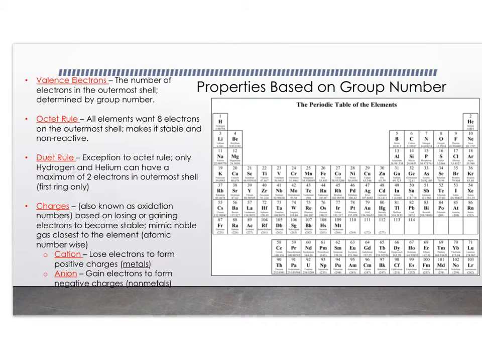So if you were to go back to groups 1A, 2A, 3A, 4, 5, 6, 7, 8, those group numbers for your A representative elements only tell you the number of valence electrons. So your group number is equal to the valence electrons.